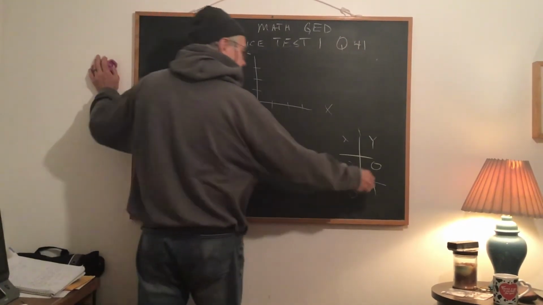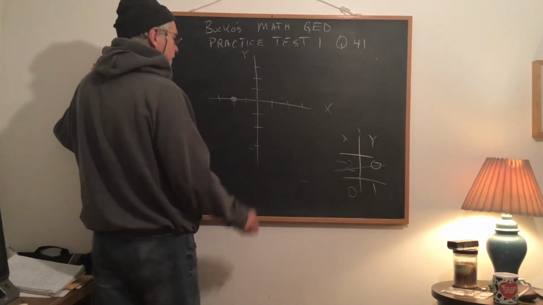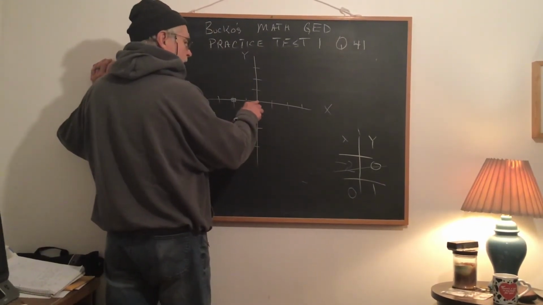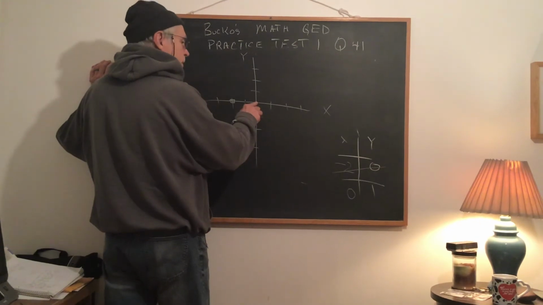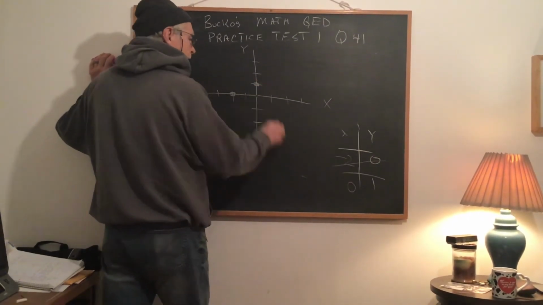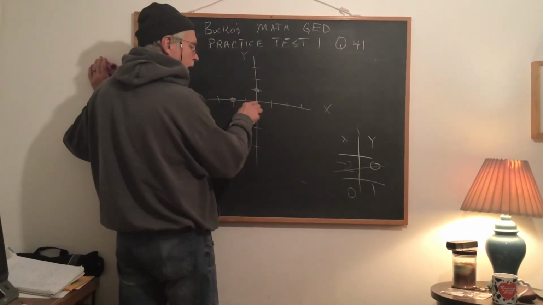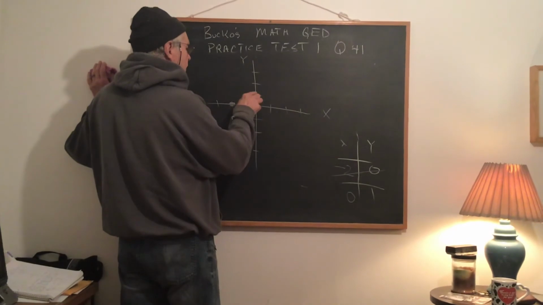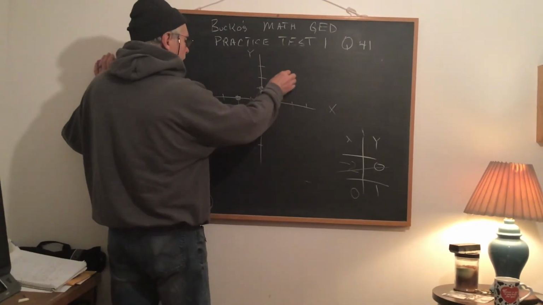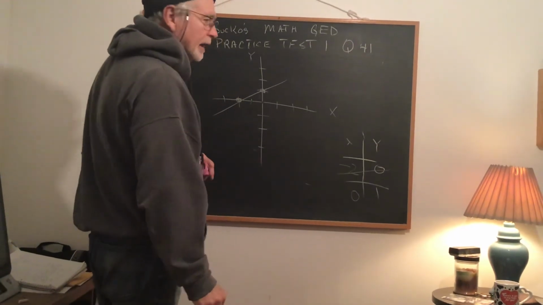So that's in. Now we're going to put where x is 0 and y is +1, right here. Where x is 0 and y is a +1, right there. And this, my friend, is the graph.